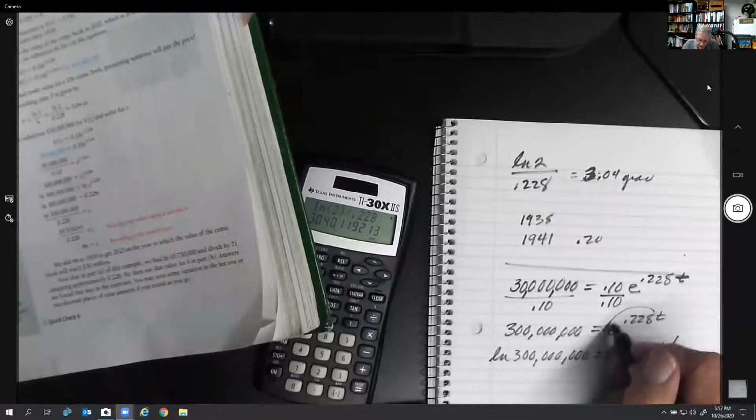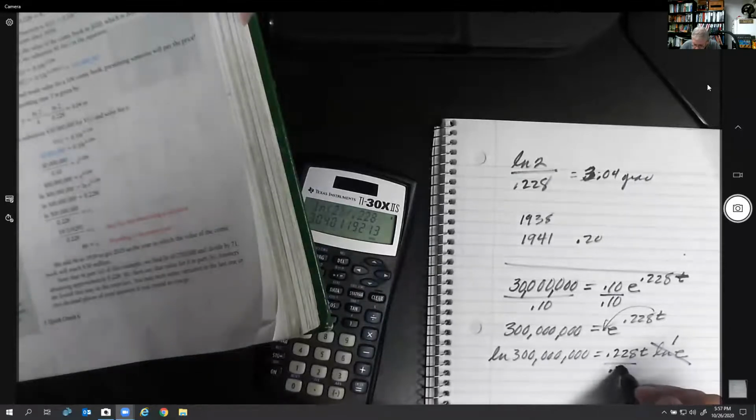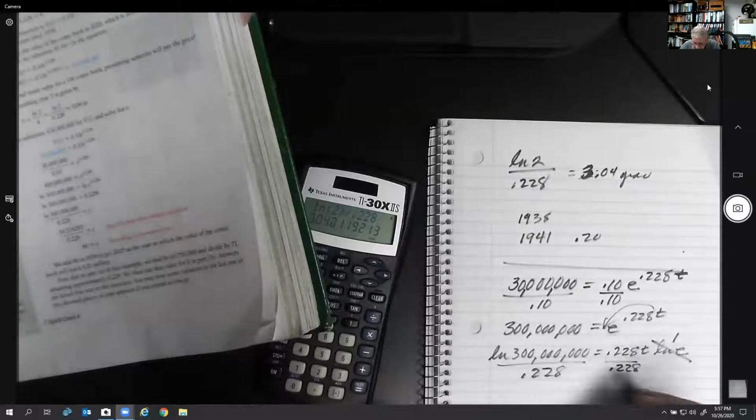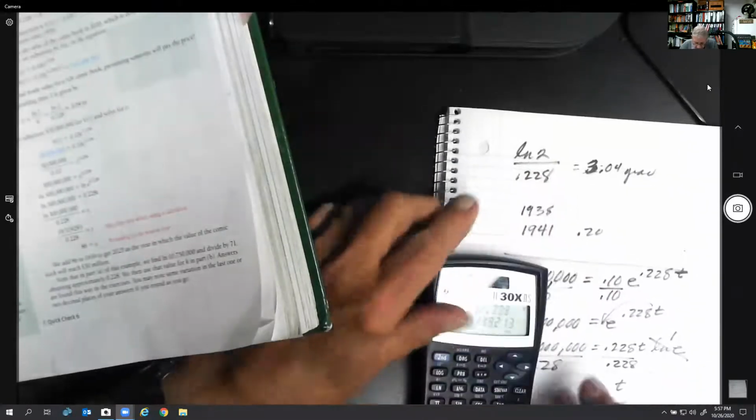See, we're moving this in front. And now we can divide this by 0.228, and that should give us our answer. This should give us the time. Then we'll add that to show you what we do with it.